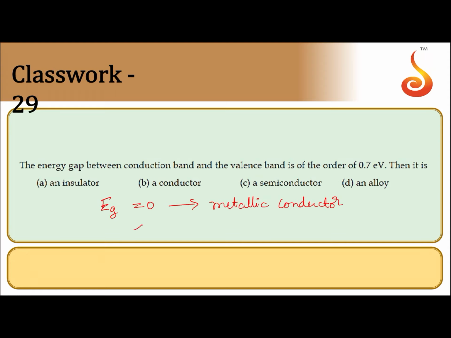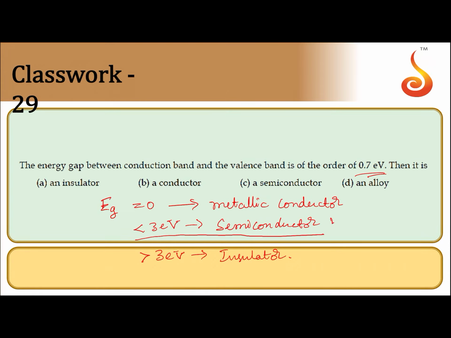If this energy gap is less than 3 electron volt, then it is a semiconductor. If it is greater than 3 electron volt, then it is an insulator. What they have given is 0.7 electron volt, that is less than 3 electron volt, so it must be a semiconductor. Option C it is.